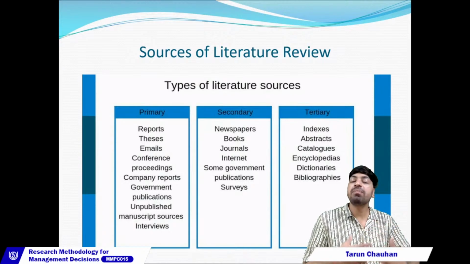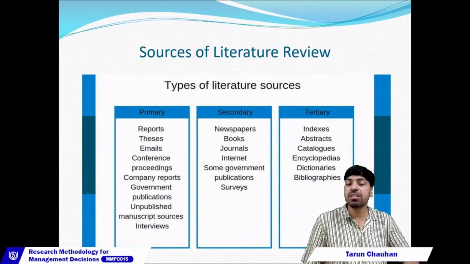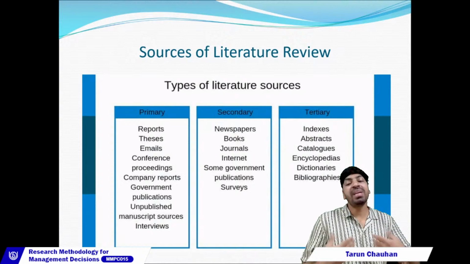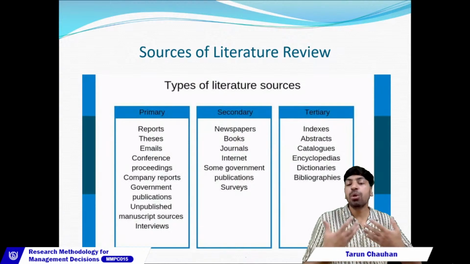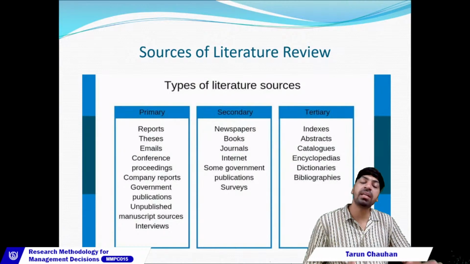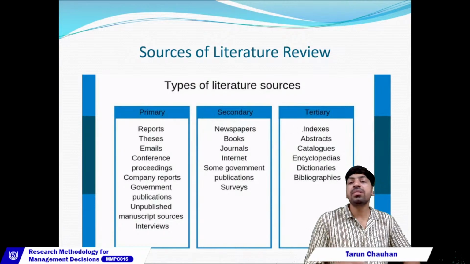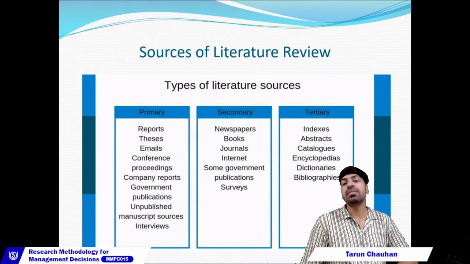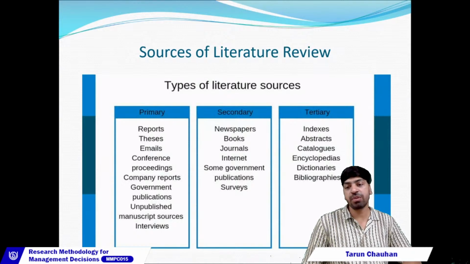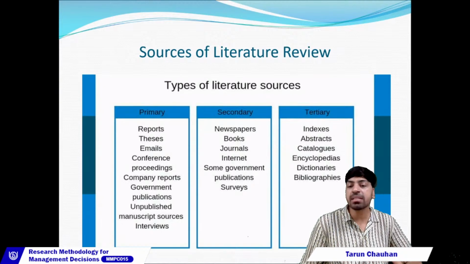So depending upon the situation, the researcher begins to include the results, the facts and views in his own study. Let's talk about the tertiary sources of literature review. We talk about indexes, abstracts, catalogs, encyclopedias, dictionaries, and bibliographies.